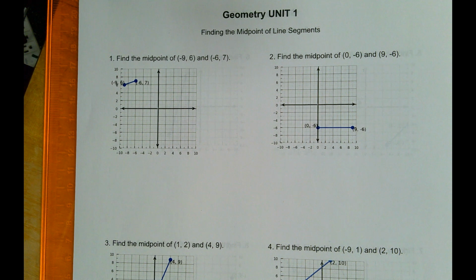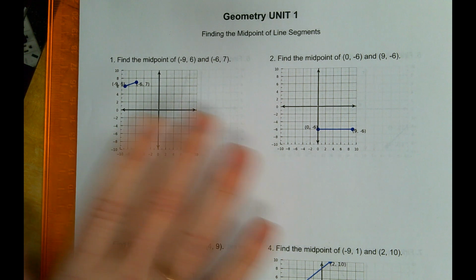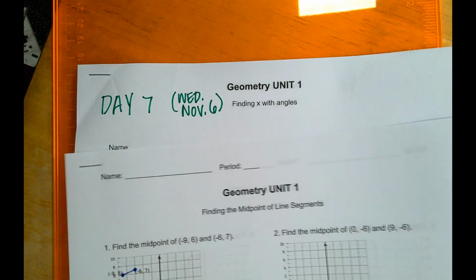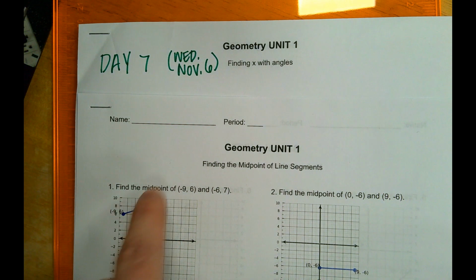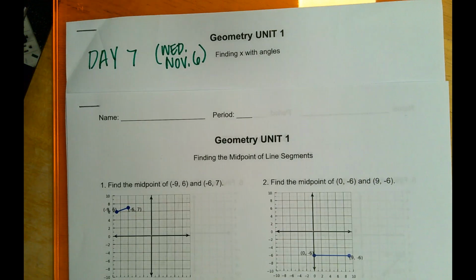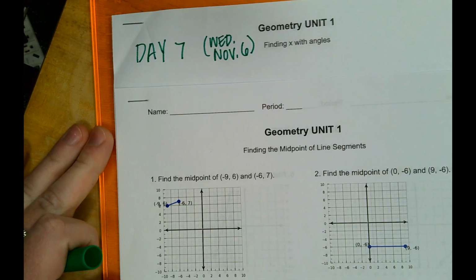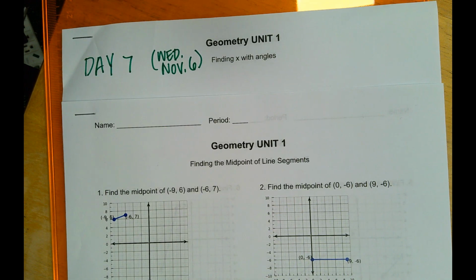Okay, so I'm starting the recording again. We are shifting gears to the midpoint worksheet. And I'm going to do the same thing I did with the other. I'm going to write day 7, Wednesday, November 6th. And again, you don't have to do that, but I have to because I will lose it if I don't.